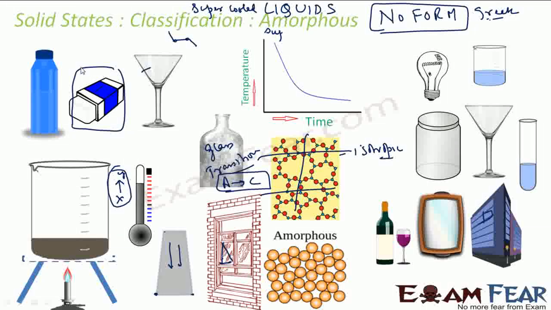Sometimes I'll talk you through scenarios where the temperature drops suddenly and the liquid solidifies abruptly. For example, during a volcano, right? The lava that comes out, the moment it comes out, the temperature drops suddenly, because inside the temperature was very, very high.